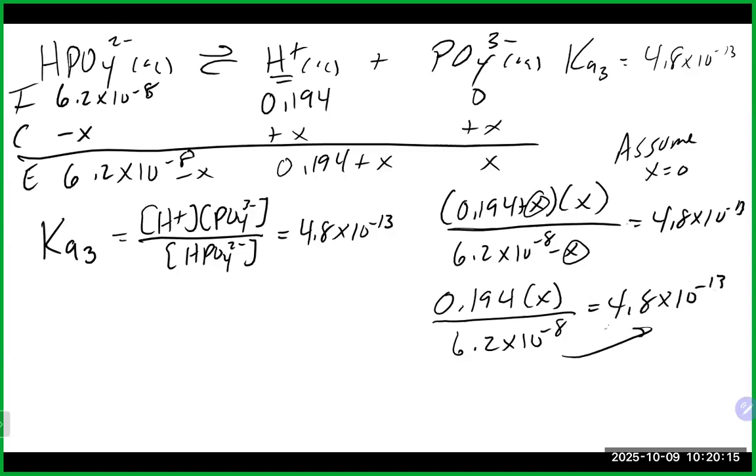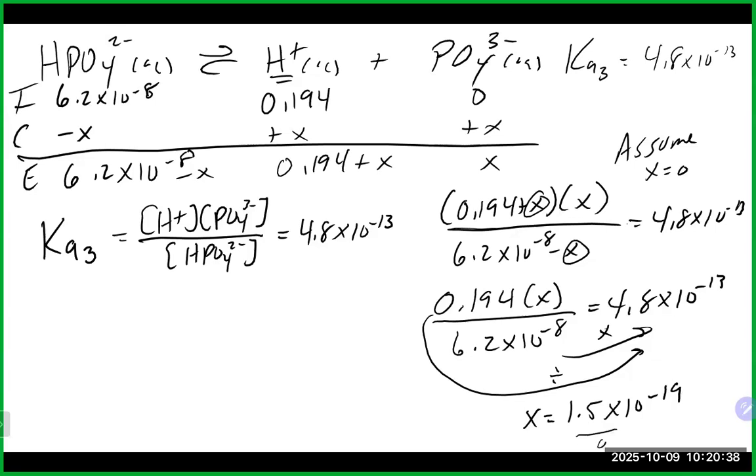We multiply that, then come back and divide by 0.194. That gets me about 1.5 for the X value here, 1.5 times 10 to the minus 19. Again, we need to check it, so you can pick either one.